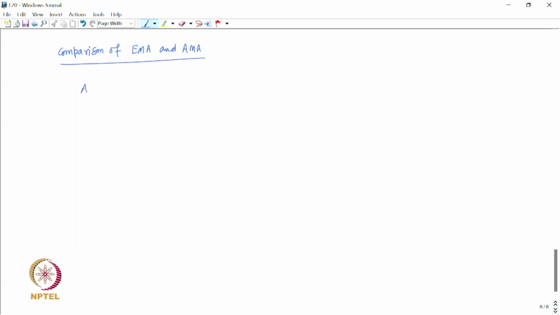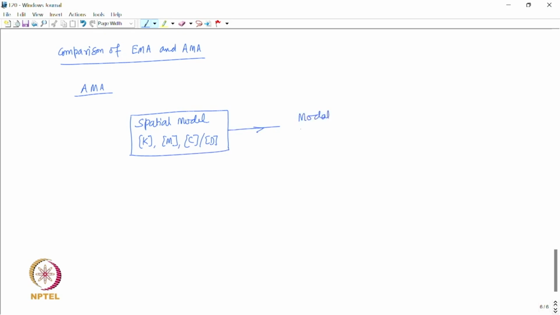In the analytical modal analysis, we basically have the spatial model of the structure, in the form of mass, stiffness and damping matrices, and then through eigenvalue analysis of this model, we obtain the modal model.